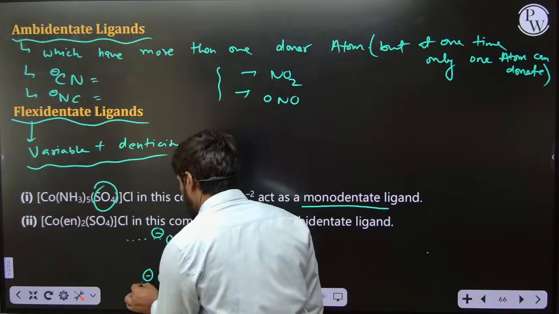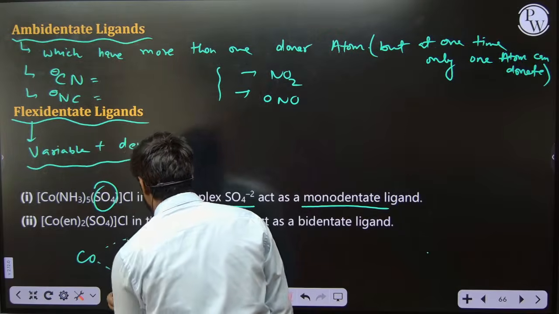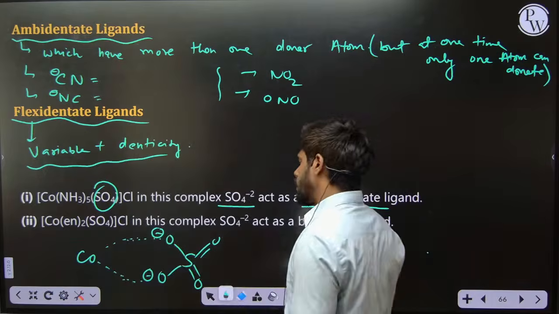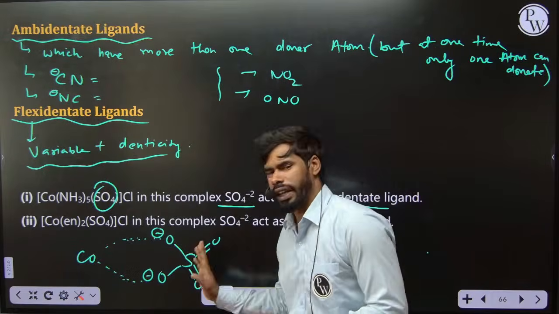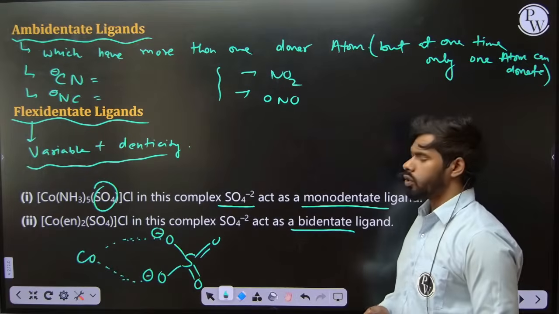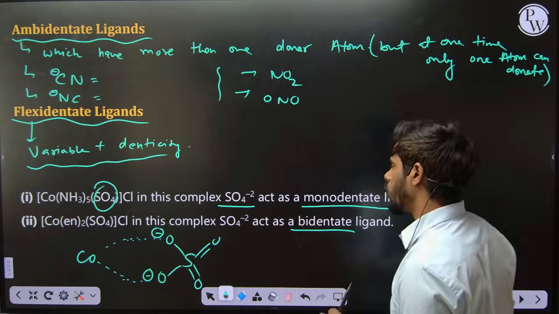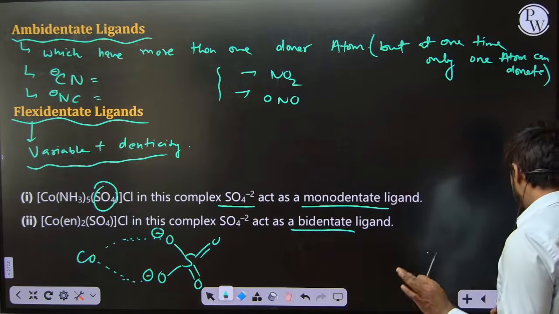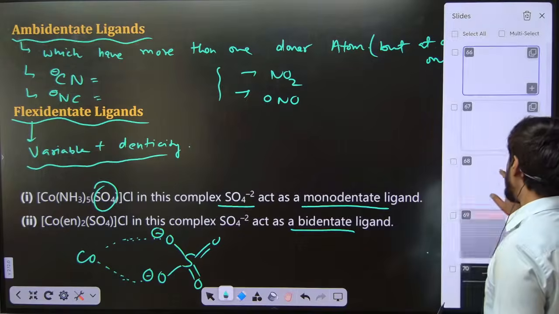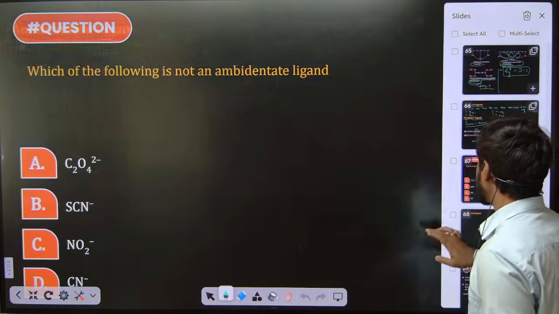If it is donated from both oxygen atoms, then this is bidentate. So the sulfate itself can work as monodentate as well as bidentate. If the denticity is different for different complexes, then we say it is a flexidentate ligand.